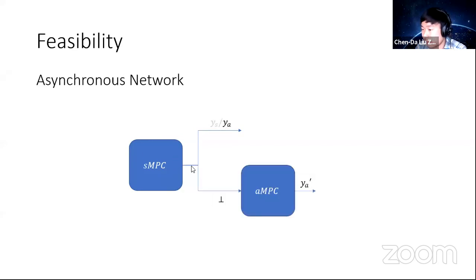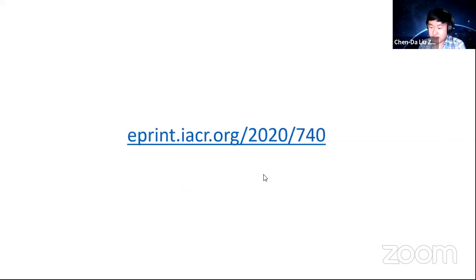But even if the network is asynchronous, either everyone obtains a valid output, so we're happy, or everyone obtains ⊥, in which case it's completely safe to execute the asynchronous fallback. So for more information, I refer you to the full video presentation and the full version of the paper. Thank you.